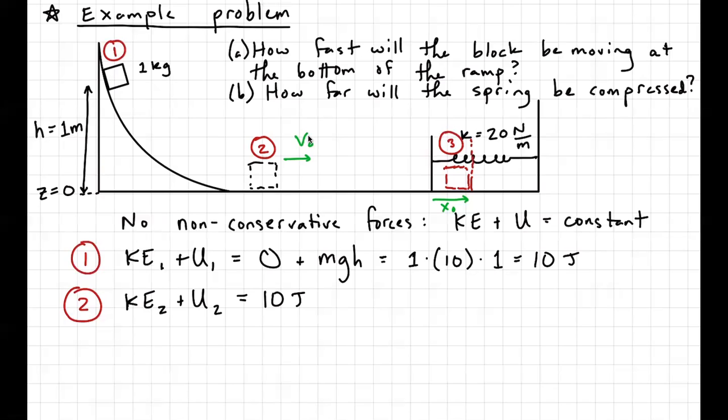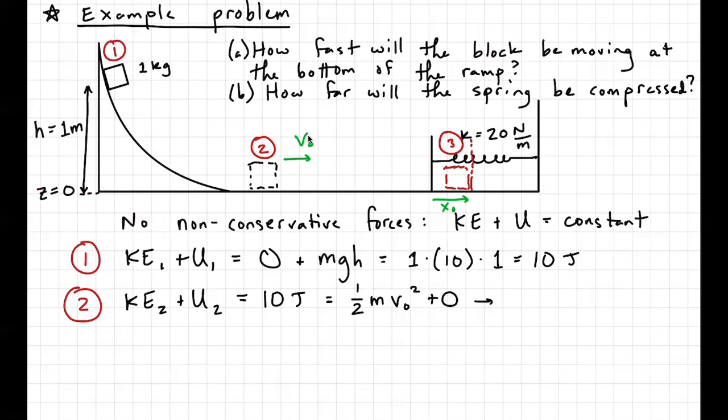All right, so the kinetic energy here is something. It's 1/2 mv naught squared. We don't know v naught. There is no potential energy here because we defined this spot to be height equals 0. So there's no height for the block at 2, so there's no gravitational potential energy. And there's no spring potential energy because the spring is not compressed.